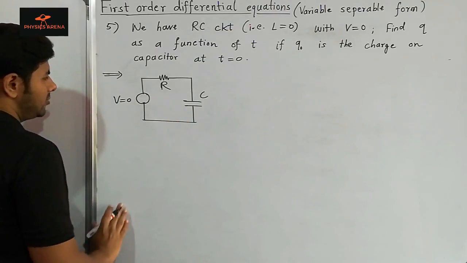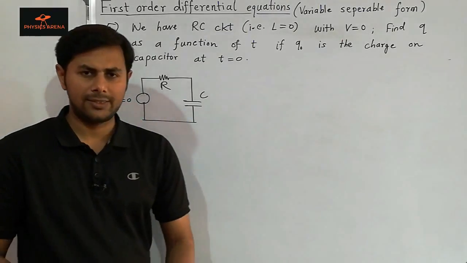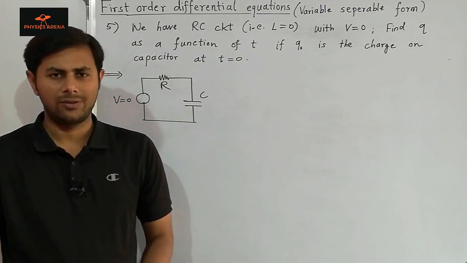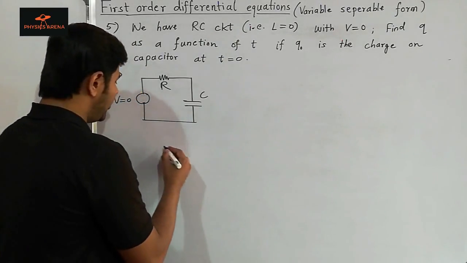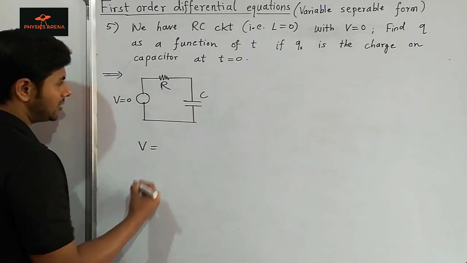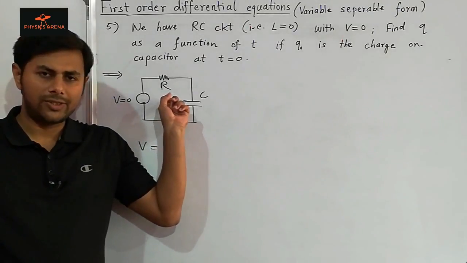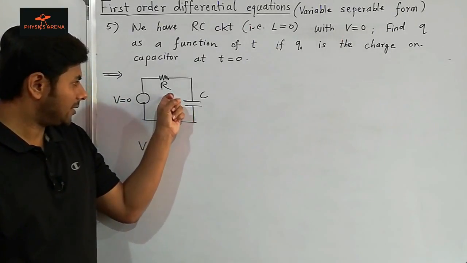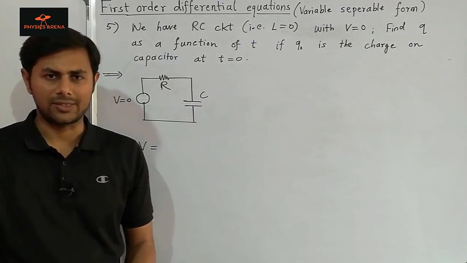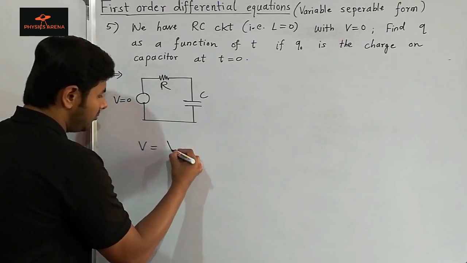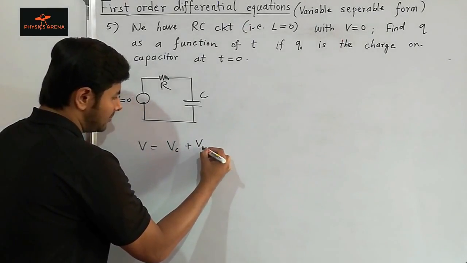So let's have this V equals 0 as the applied voltage. Now I can write the applied voltage V equals the voltage drop across the capacitor and the voltage drop across the resistor. So it is Vc plus Vr.